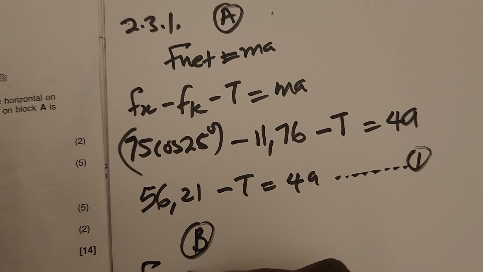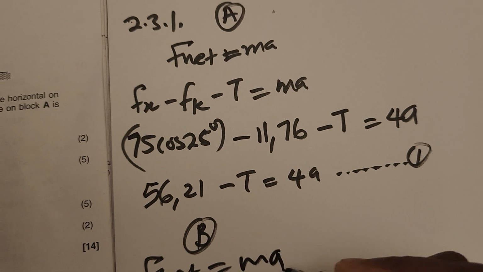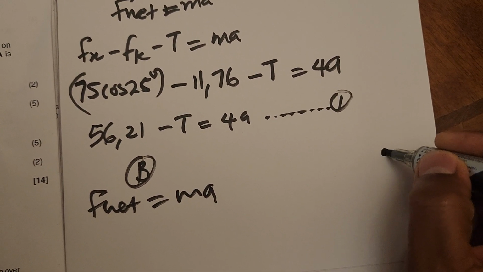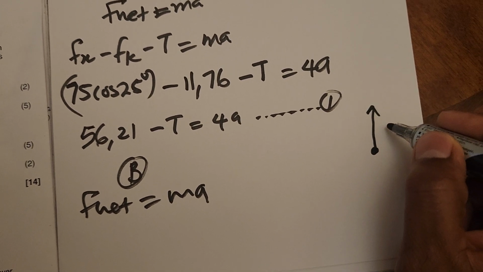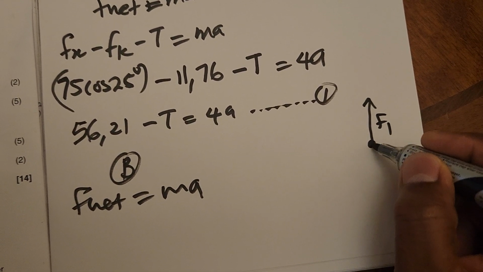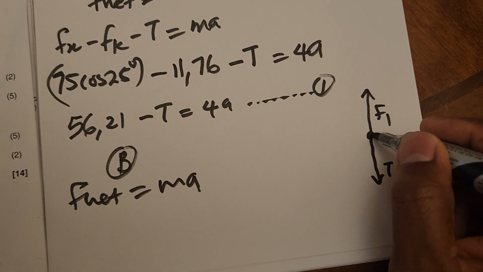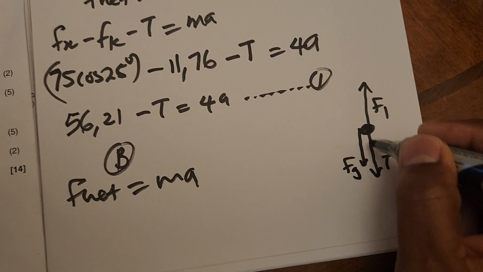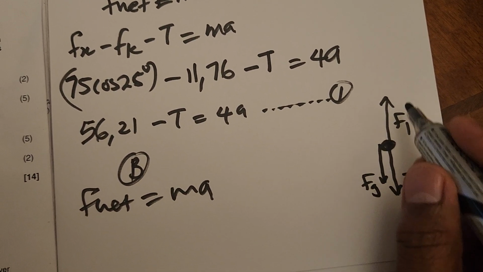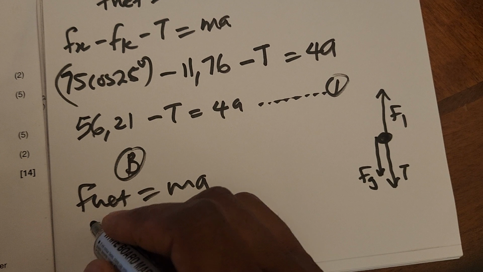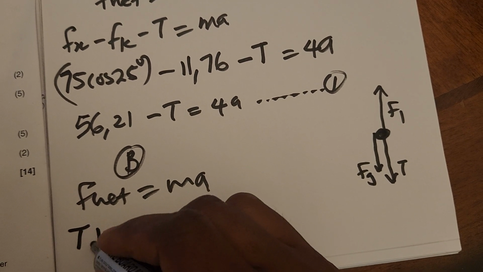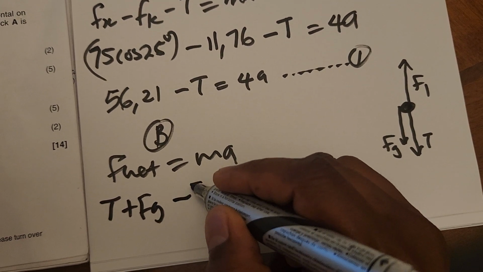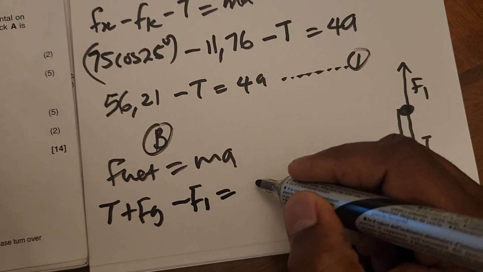Again use F net equals MA. If we draw a free body diagram on B, hopefully you'll end up with this: we have a force, that is F1, a tension, and also a weight. So we'll have three forces acting on B. Because B is going down, the tension and the weight are both positive, and F1 will be negative, as it's acting in the opposite direction.